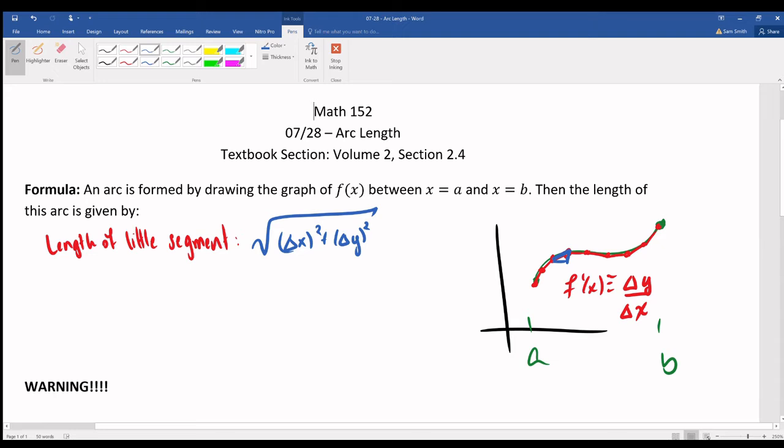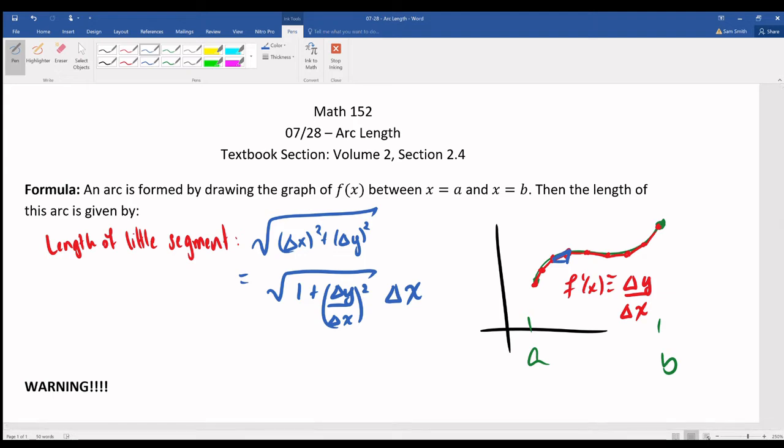Now I can rewrite this ever so slightly by factoring out a copy of delta x. So delta y over delta x squared, factor a delta x and pull it outside of the square root, and that will bring you here.